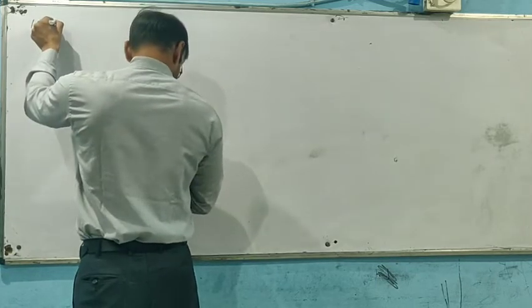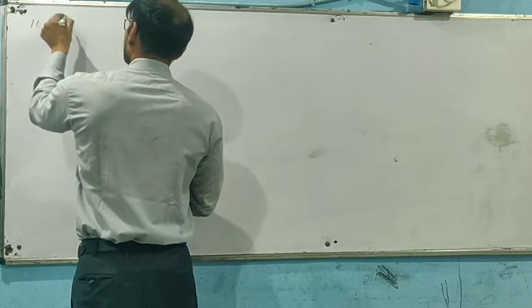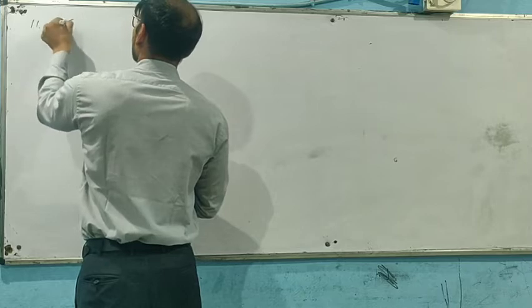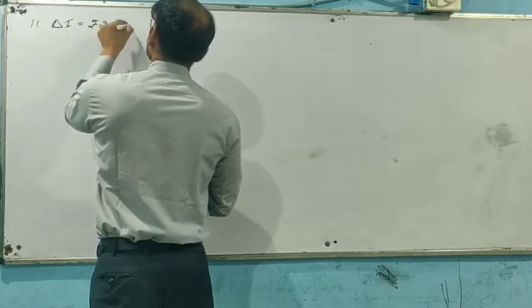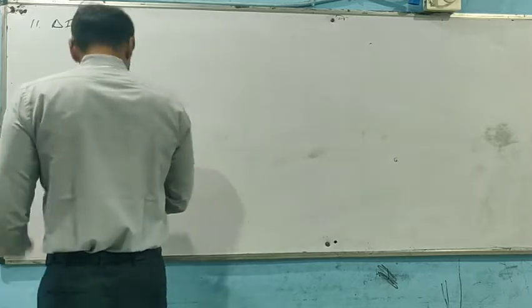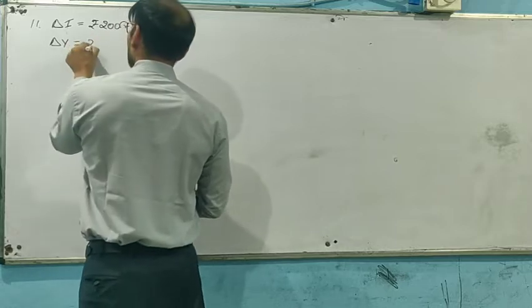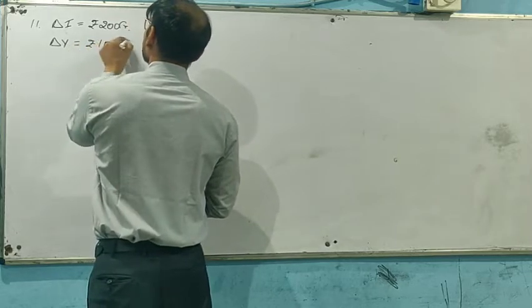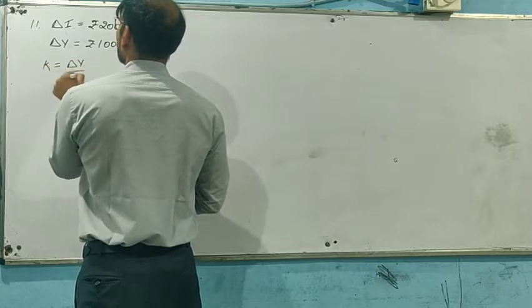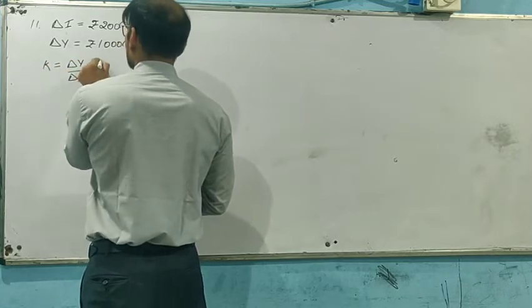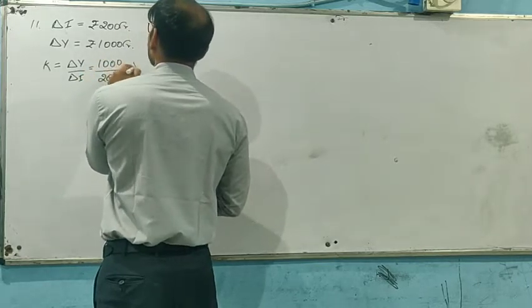An increase of rupees 200 crore in investment, delta I, leads to a rise in national income by rupees 1000 crore. It means K will be delta Y upon delta I, that is 1000 upon 200, which is 5.